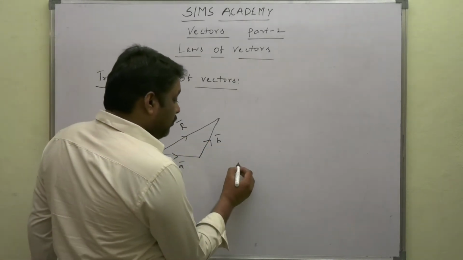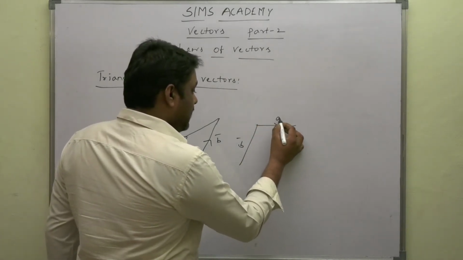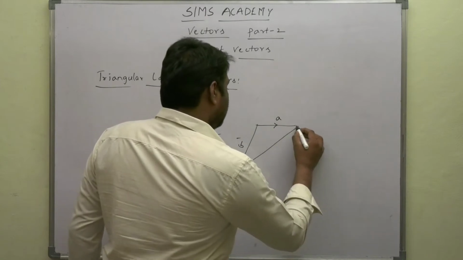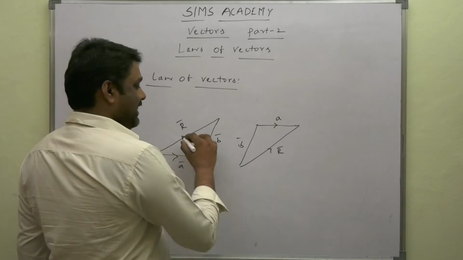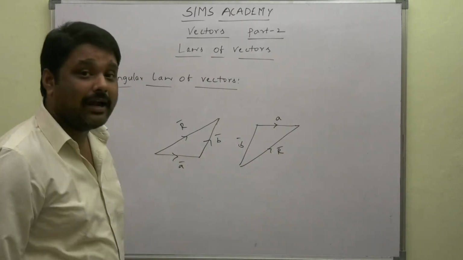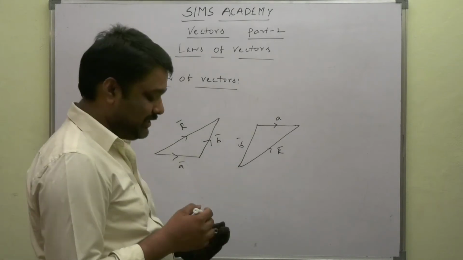Let us move in another manner. This is B bar, this is A bar, then the resultant, there is no difference in the resultant here. R bar. This is about the triangular law of vectors.